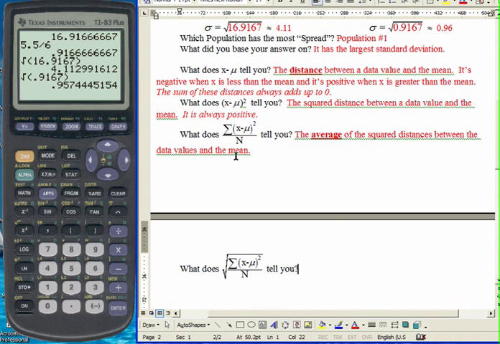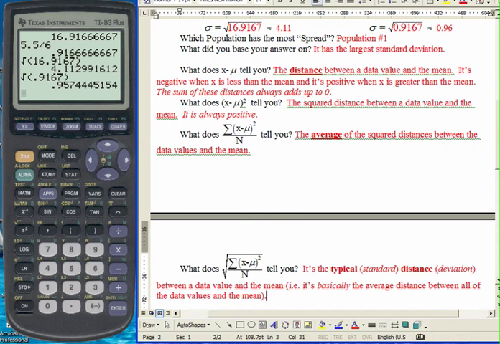And the last question, if we take the square root of that, what does that tell you? Well, I guess you could say the population standard deviation, but I think this would be quite a bit more informative. It's the typical or standard distance or deviation between data values and the mean. It's basically the average distance between all the data values and the mean. So isn't the name standard deviation a swell name for it? It really tells you what it's doing.